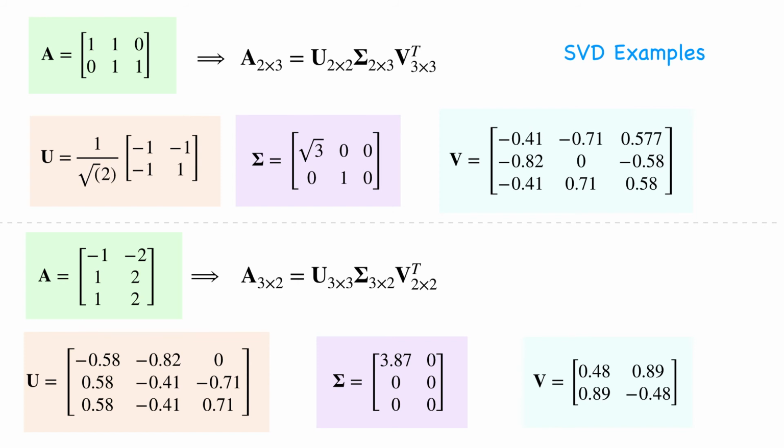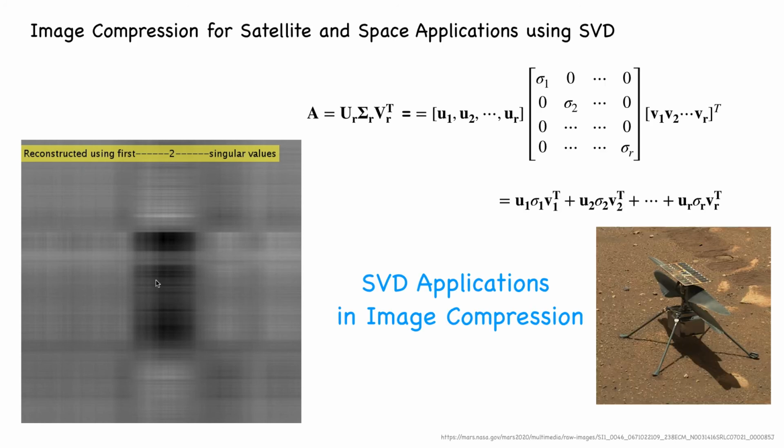This is how it looks, but let us see a practical application where singular value decomposition is applied. I am taking an image from the Ingenuity helicopter, taken on Mars. This image is an RGB image converted to grayscale, and we are attempting to see if we could compress it using SVD.